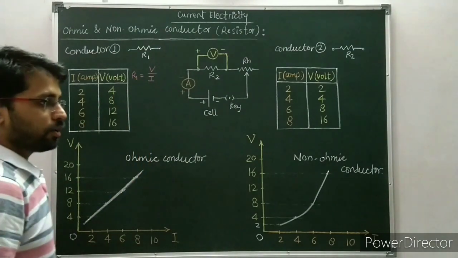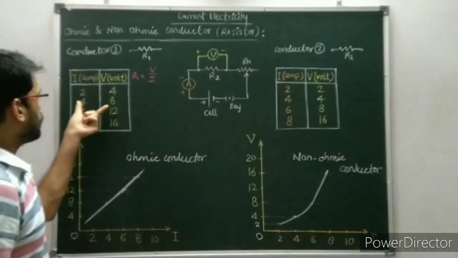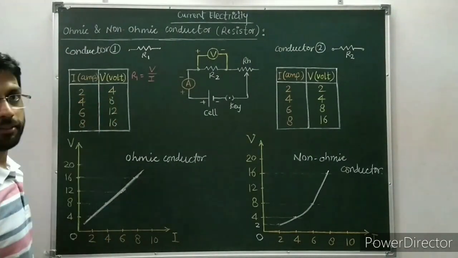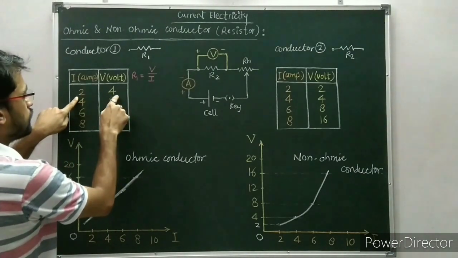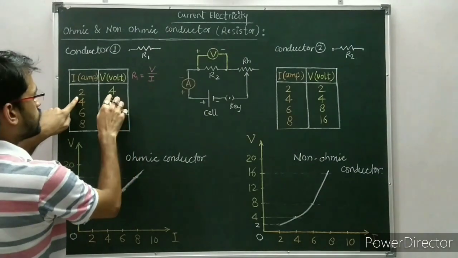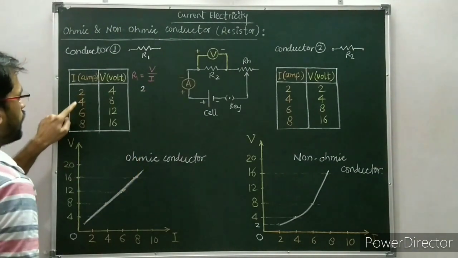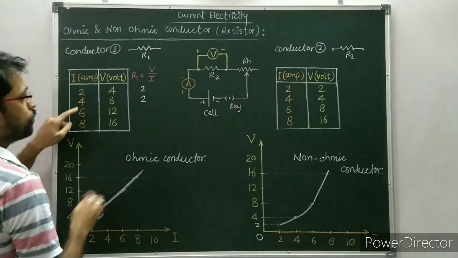Now we can calculate the resistance for each pair of values of current and potential difference. For this value, the resistance R1 is 4 divided by 2, that is 2, and 8 divided by 4, again 2 ohm.